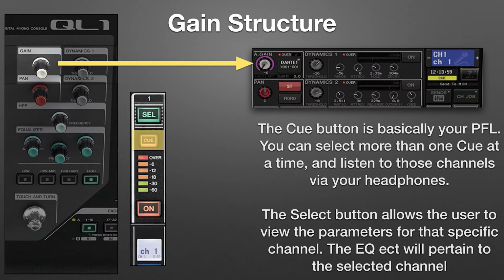Think of it as like a sneak peek, a little preview of what's going on within that channel, but the Q function allows us to listen back on headphones, for example, to a headphone mix, so it's not affecting the front of house. Kind of like a solo, but only in the headphones.